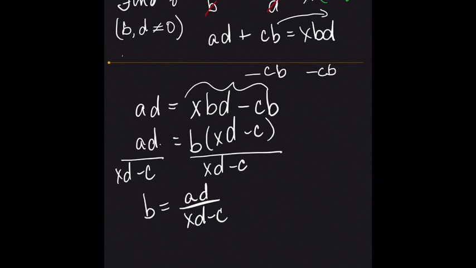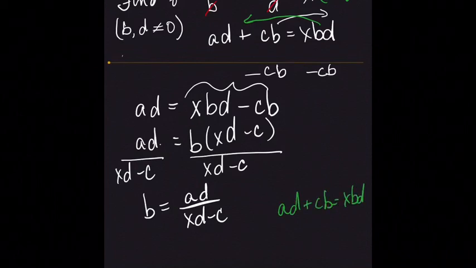Now, these often are tricky for people to do. Let's look and see if it would look any different if we had taken xbd over here instead of what we did, because this is why sometimes we end up with things looking differently. So let's redo that. I'm going to do the whole thing in green. AD plus CB equals XBD.